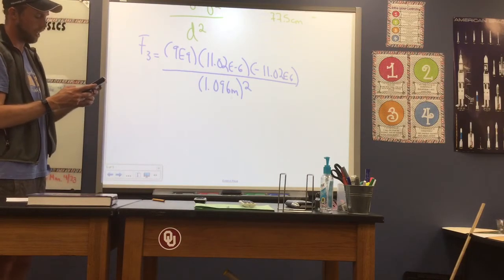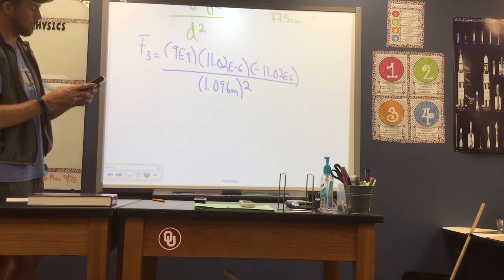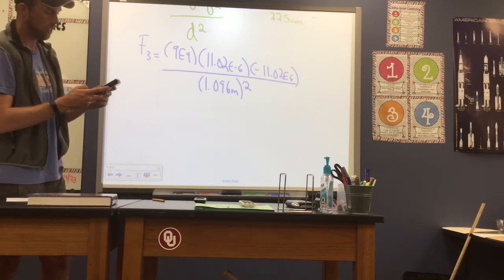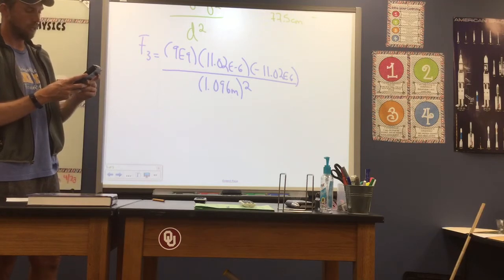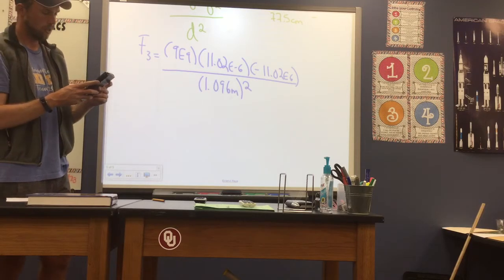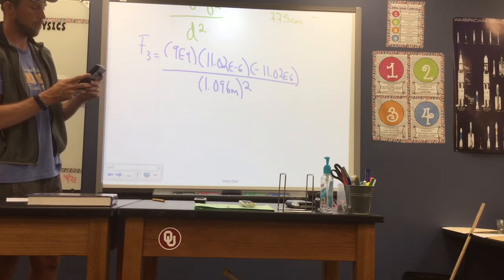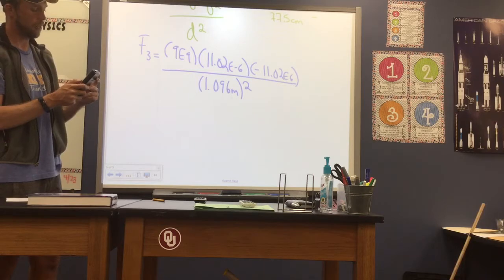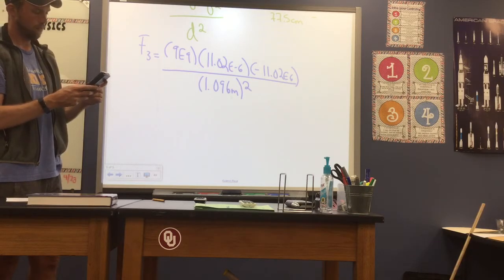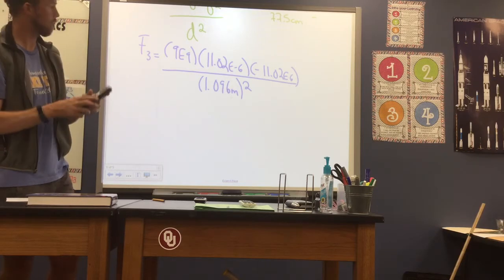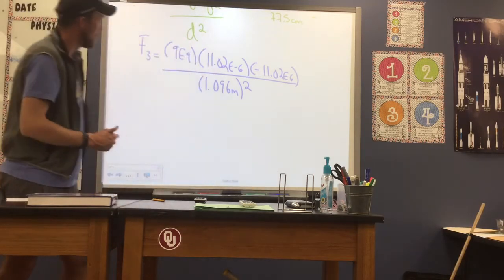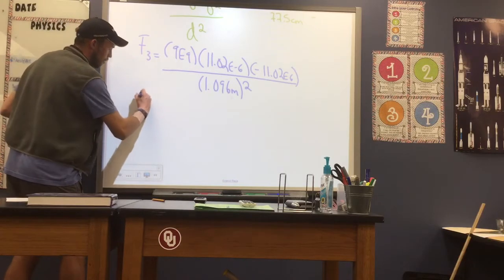So 9e to the 9th times 11.02e to the negative 6th times negative 11.02e to the negative 6th divided by 1.096 squared. That seems a little bit high. Oh, I know my mistake. Okay, that number seems a little bit better. Live action mistake, there you go.